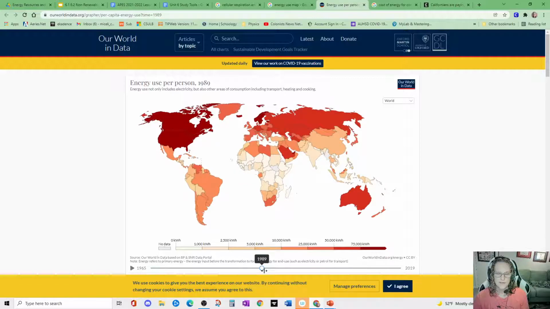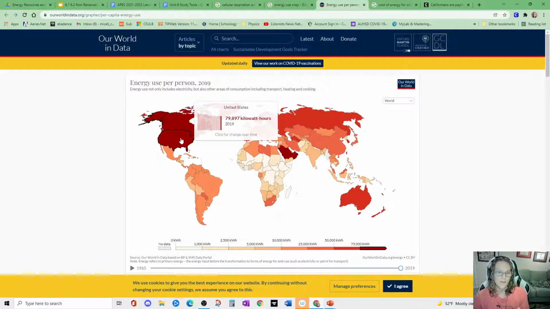And then we go into the 90s. The US is using 88. The late 90s were at 92. And now we're back down to 79. So we have, in the US, started conserving our energy at least.